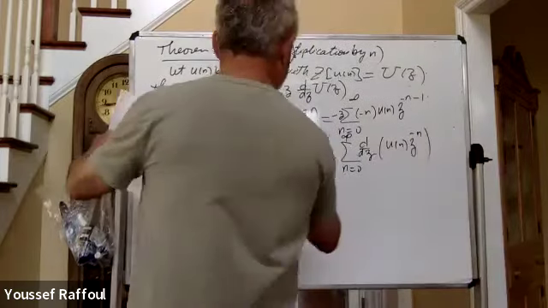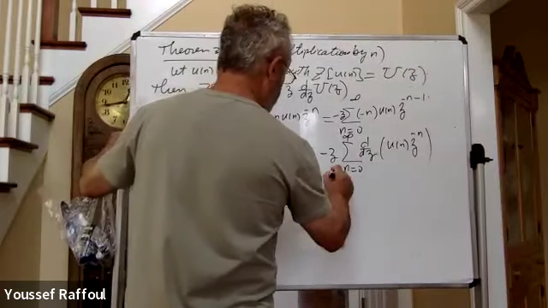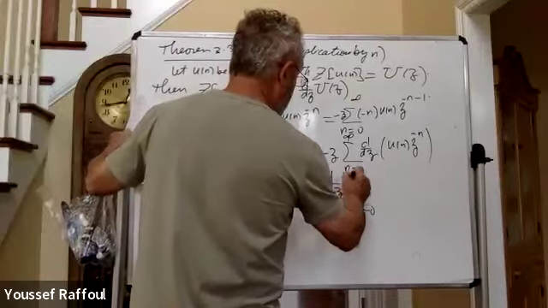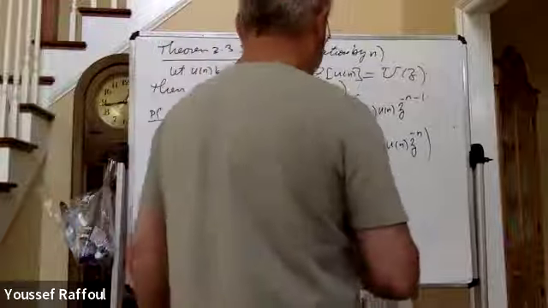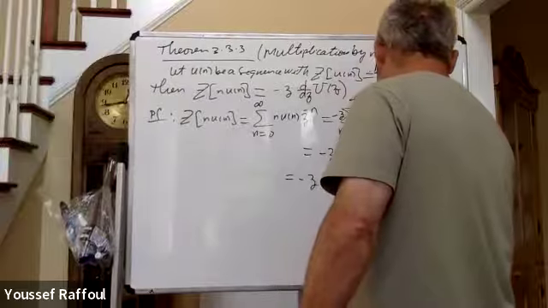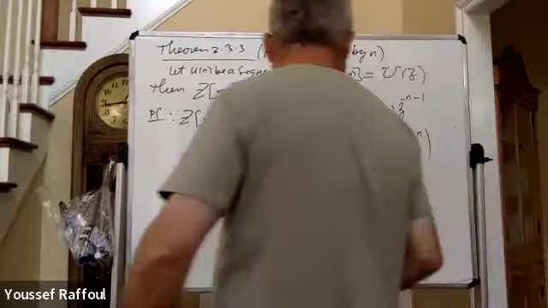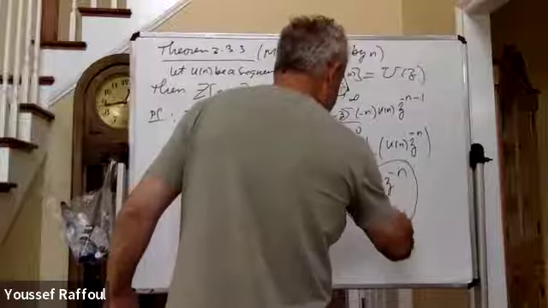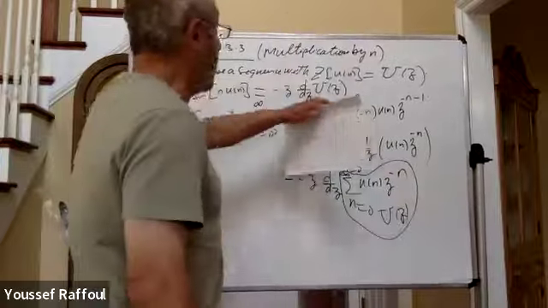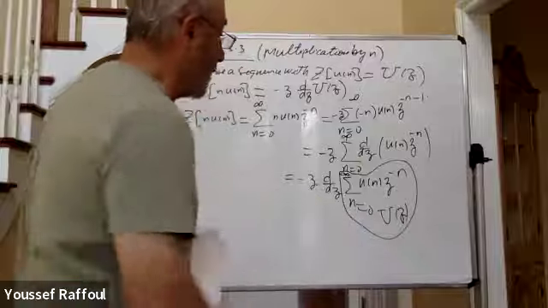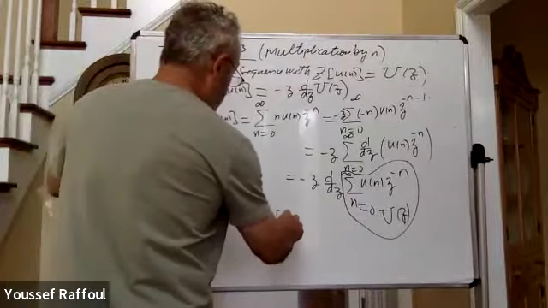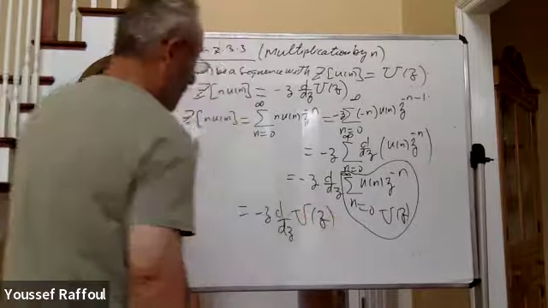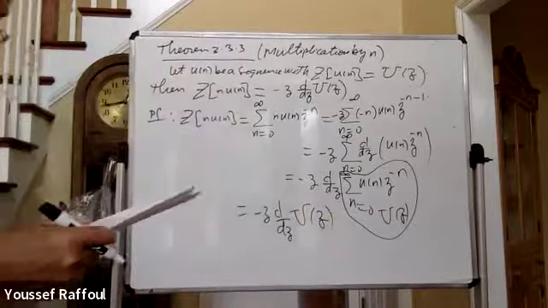And that is minus z d/dz of the sum n equals 0 to infinity of u_n z^(-n). But this one here is nothing but U(z). Look at it. So this is U(z). So this is minus z d/dz U(z). Okay?